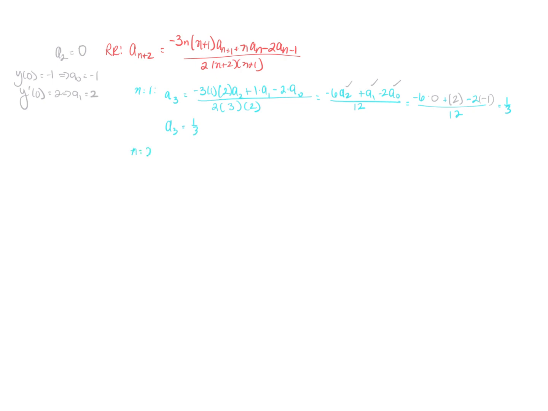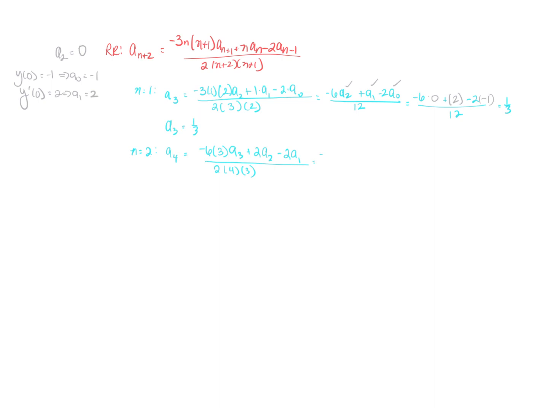Now let's let n equal 2. Then a sub 4 equals 2 times negative 3 gives us a negative 6 times 2 plus 1 is 3, a sub 3, plus 2a2 minus 2a1, all over 2 times 2 plus 2 is 4 times 3.